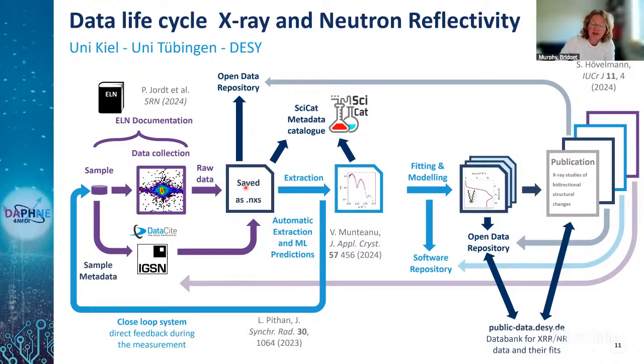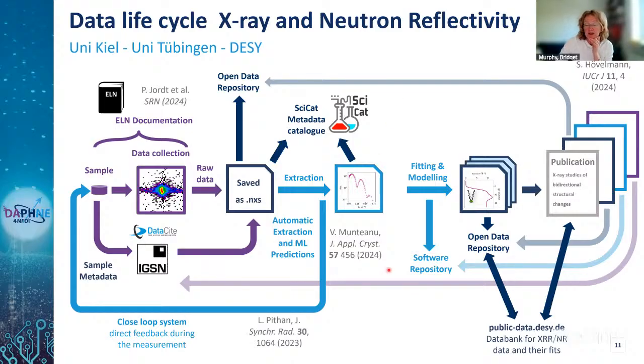And this data is then extracted and reduced into a useful form. And at the beam times, we use a lot of automatic extraction and even machine learning predictions. This you can find here, this publication from Montanu, or in the publication from Linus Python.